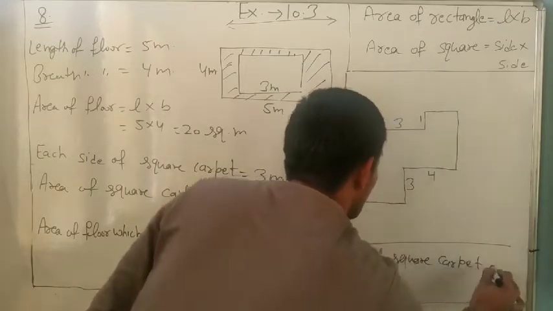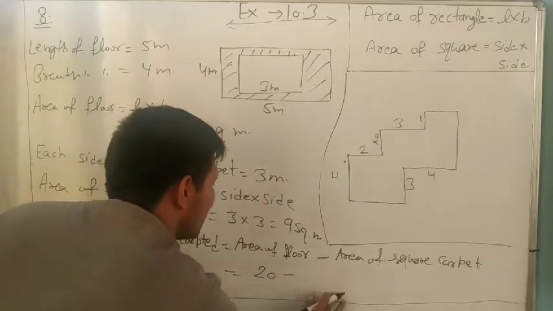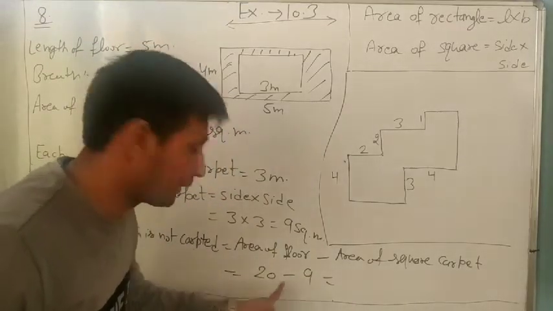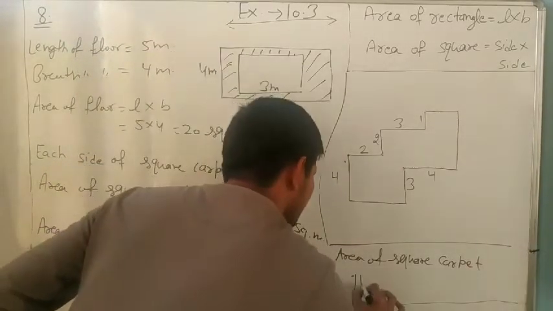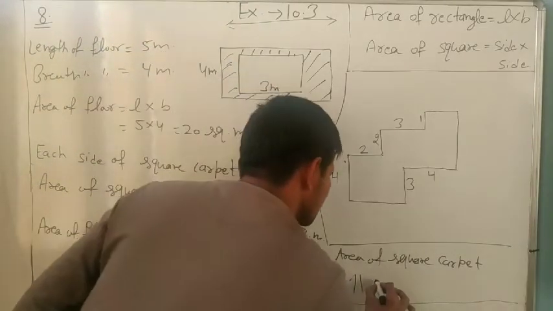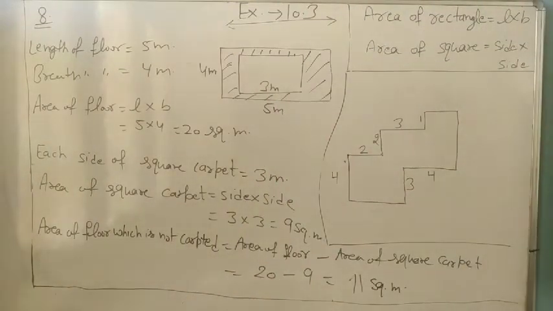Always write the formula, dear. So area of floor is 20 minus 9. One positive, one negative, different signs, so always subtract. 20 minus 9 is 11. Which one is greater? 20, which is positive, so the answer is also positive. 11 square meter is your answer.